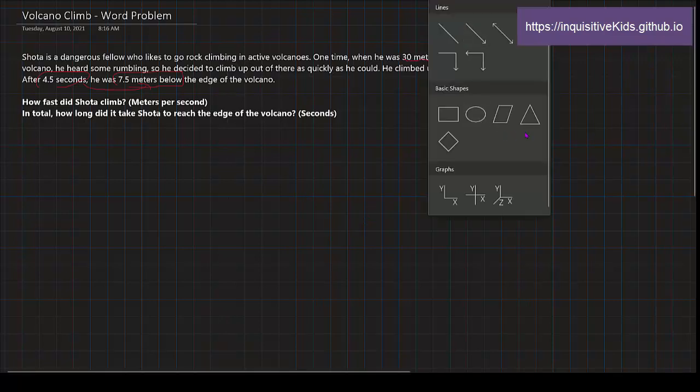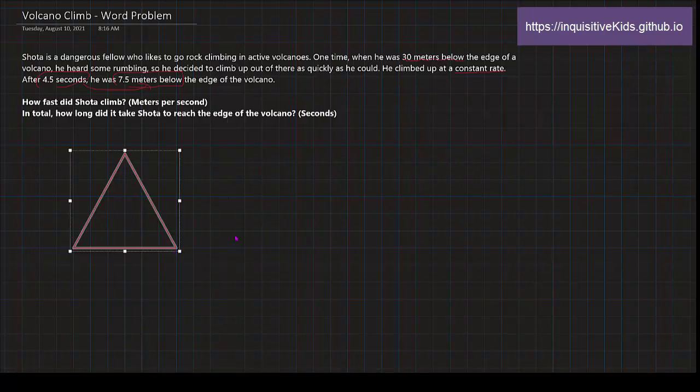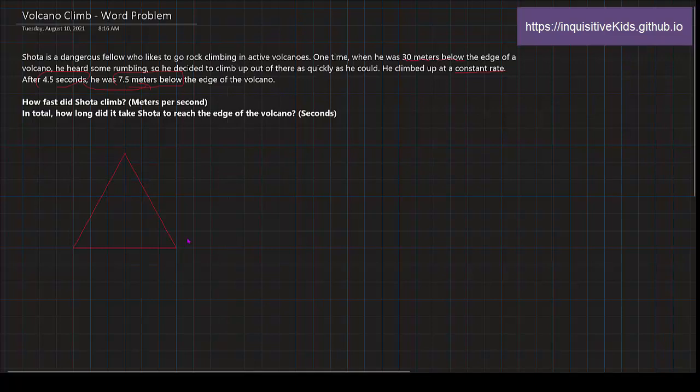To start, I'm going to draw a quick diagram of the volcano. We can say this is the volcano. This we'll say is the 0 point, because that's going to be the edge of the volcano. Over here is where he's climbing, and you can see that little person right there.